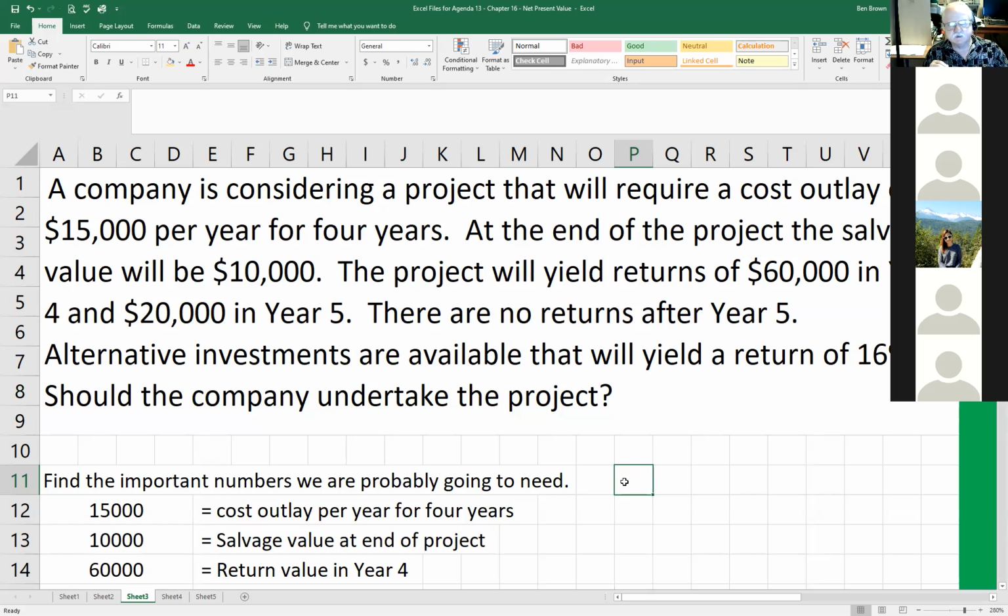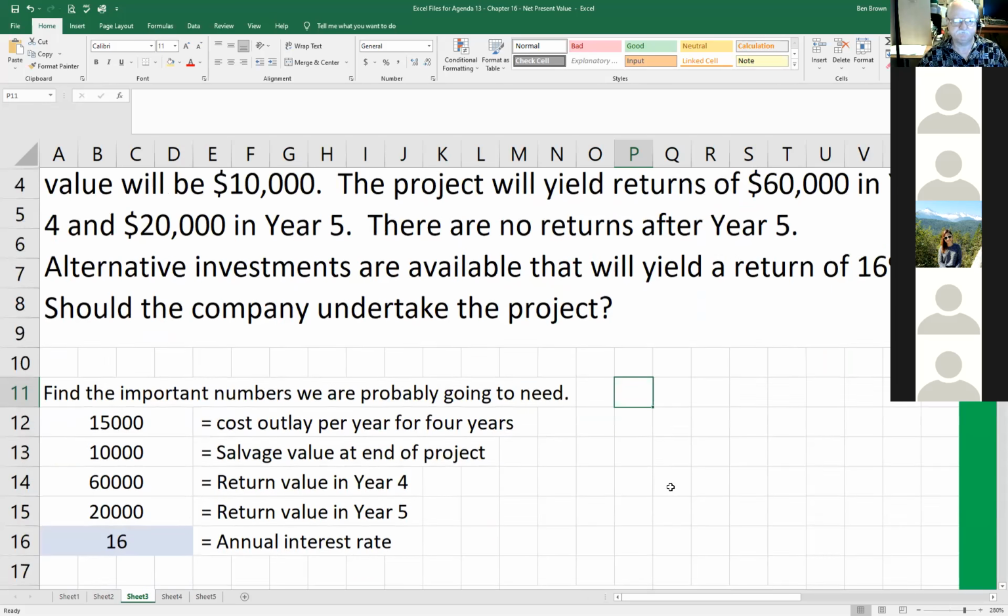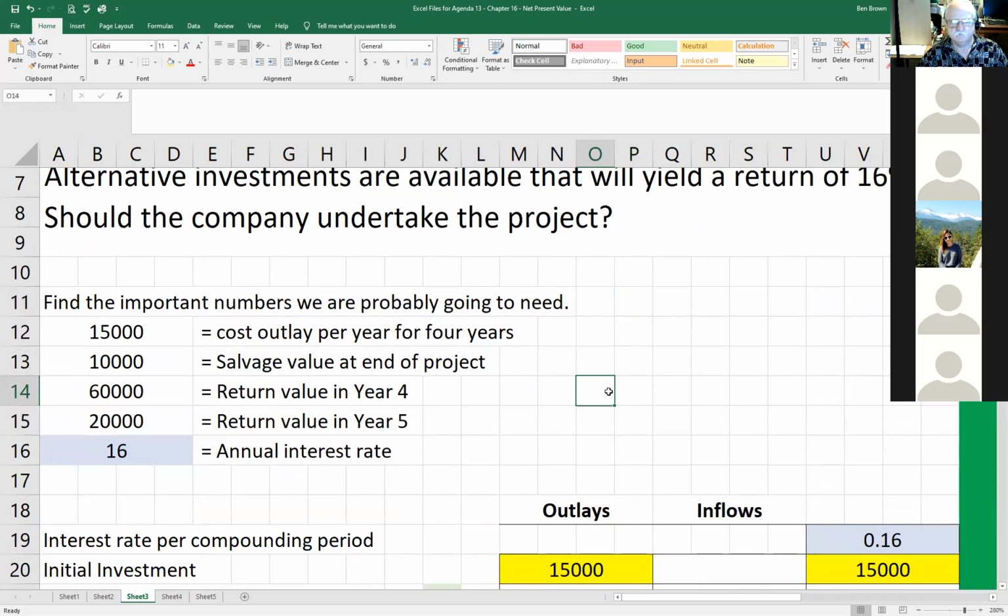So notice they've complicated this slightly because in the first 2 questions we did, we were only paying. We either paid for the warehouse or paid for the car. Now we have money going out and money coming in. So I've sorted out the important numbers we're going to need.